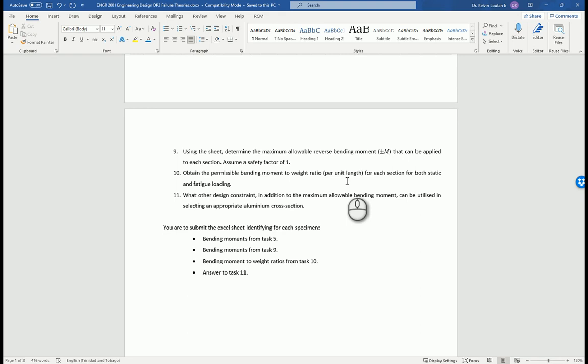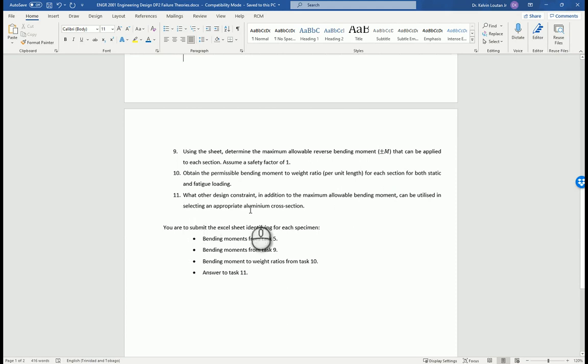So you could use the density of the aluminum to get the mass per unit length, and then you have the bending moment. You could divide the bending moment by the mass per unit length, and that will give you a ratio for both static and the fatigue case. Do that also within the Excel sheet. You could use Excel to do the calculation.